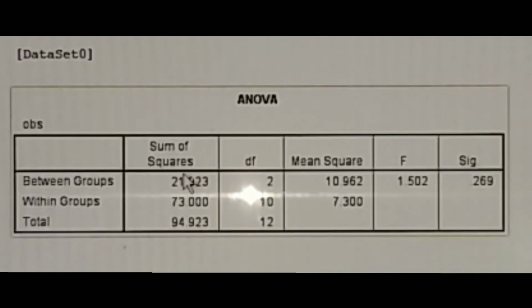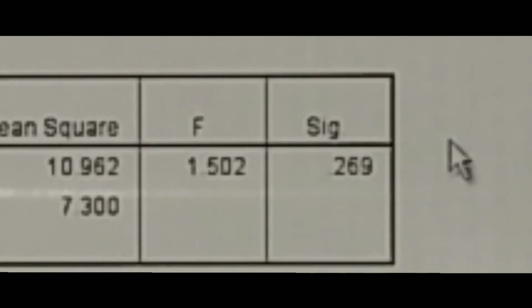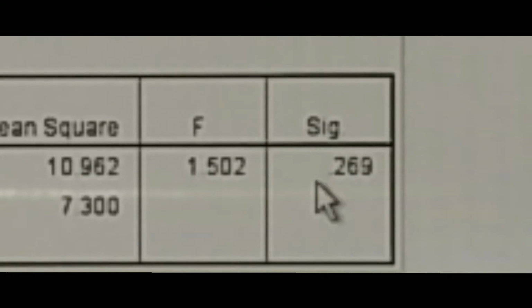So here's the result for the ANOVA test in SPSS. We will focus on the p-value. As we can see, the p-value was 0.269. Now, this value is greater than the designated level of significance, which is 0.01.